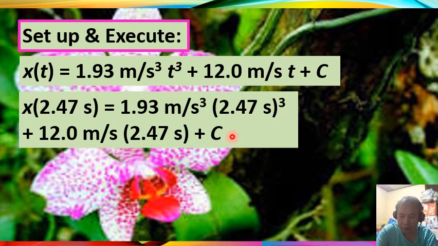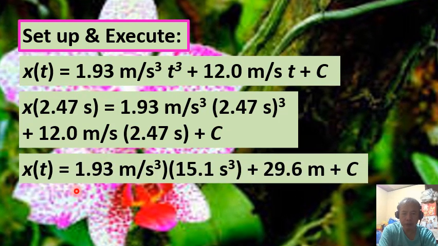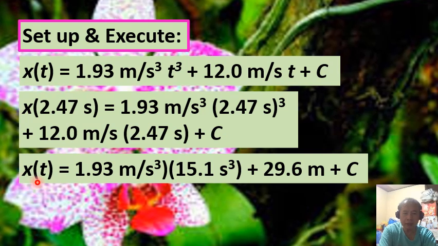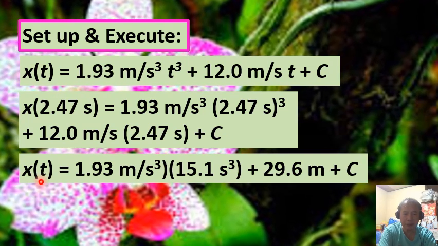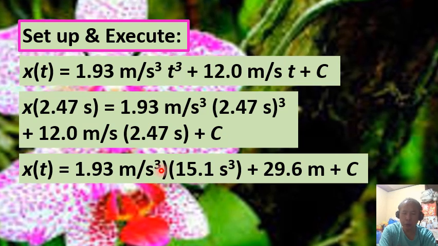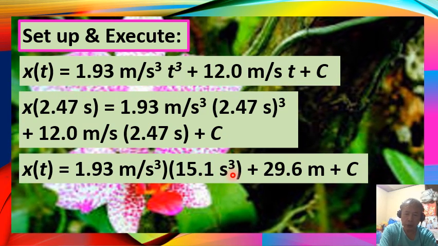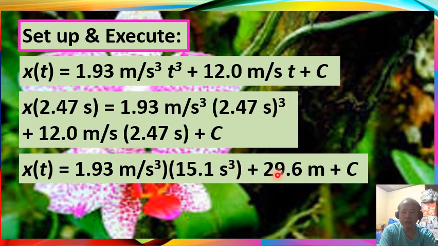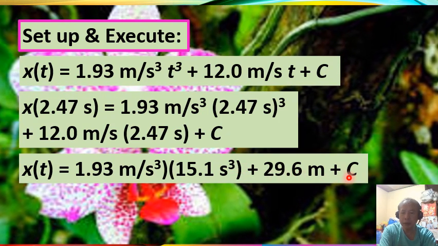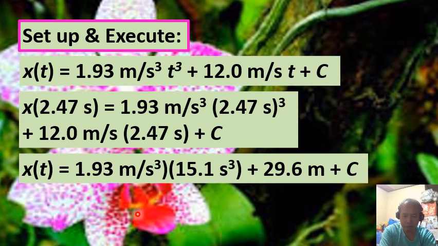So when you do the math, this reduces to x at time 2.47 seconds equals 1.93 meter per second cube times 15.1 second cube plus 29.6 meters plus capital C, the constant of integration.